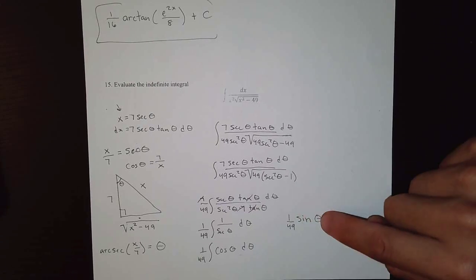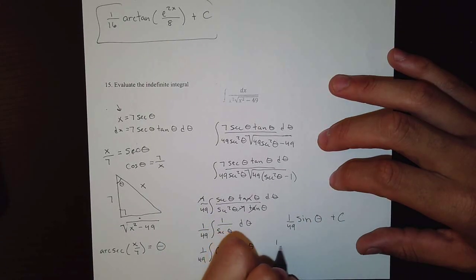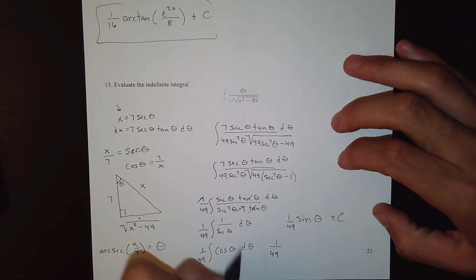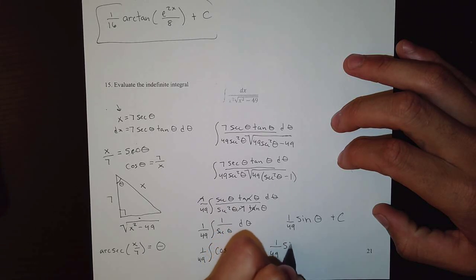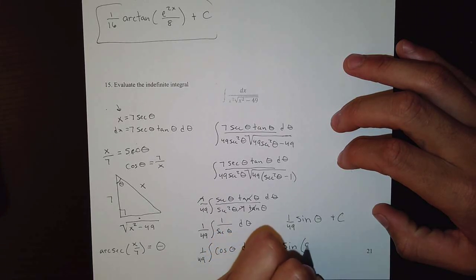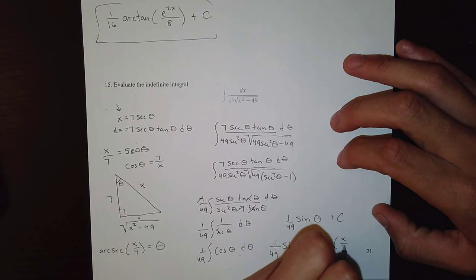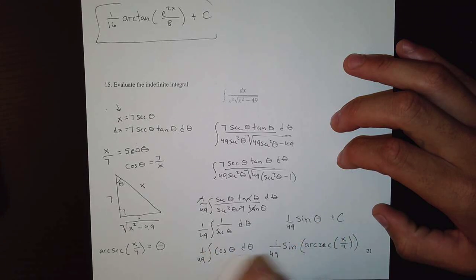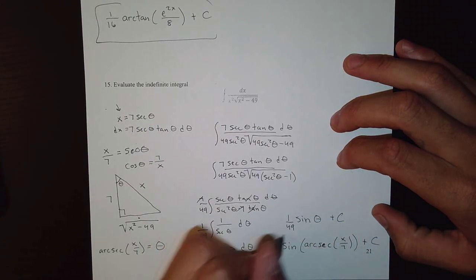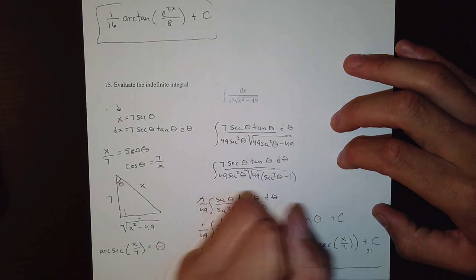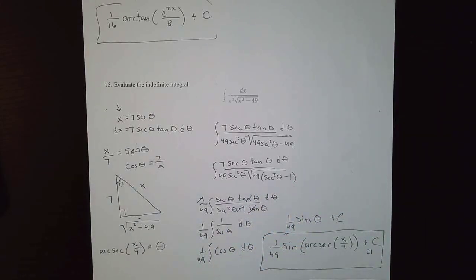Now I can replace that over here, and so now I have 1 over 49 times sine of arcsecant of x divided by 7 plus c. And so this would be my final answer.